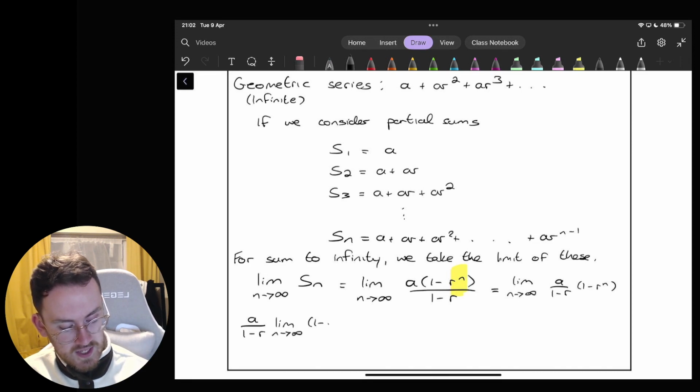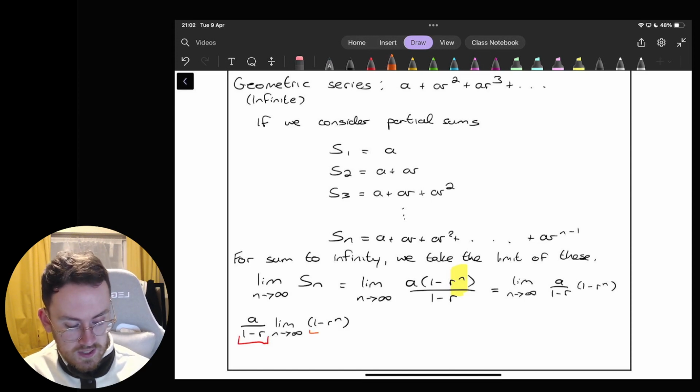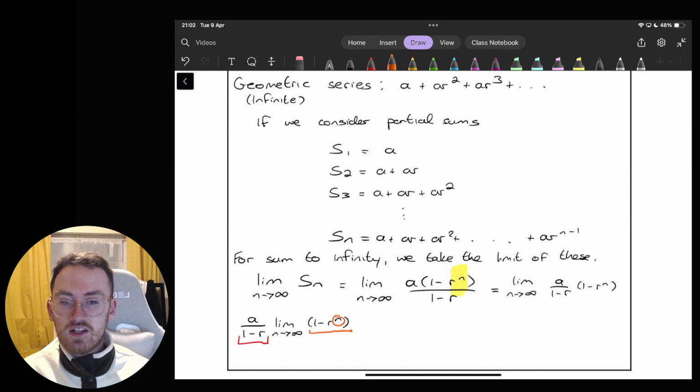The part on the left hand side, the a over 1 minus r, has no n part to it, so it's not going to be impacted by our limit at all. The part on the right hand side is going to be impacted by the limit because of the n value up the top here.